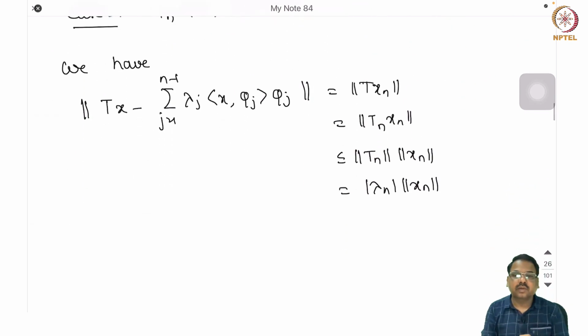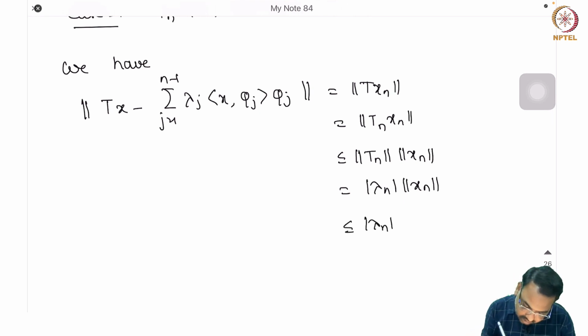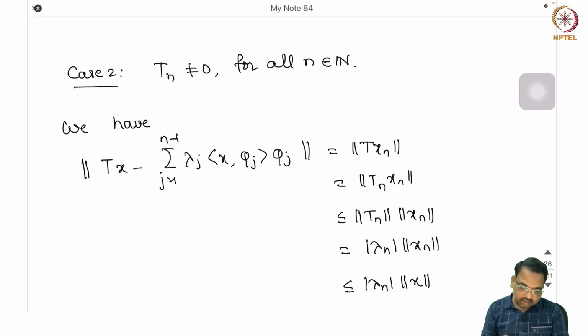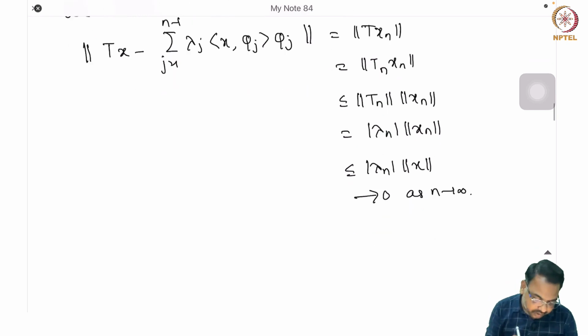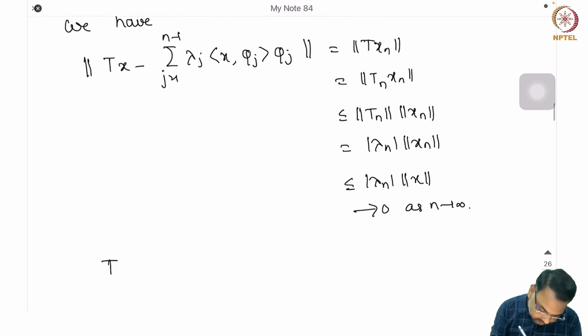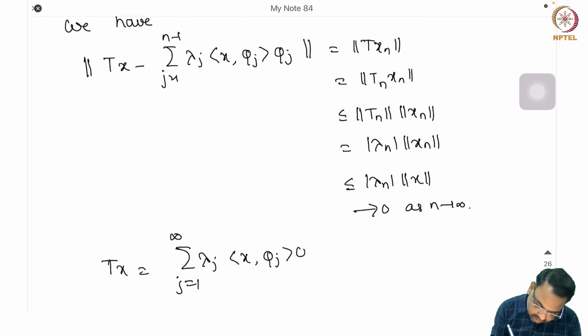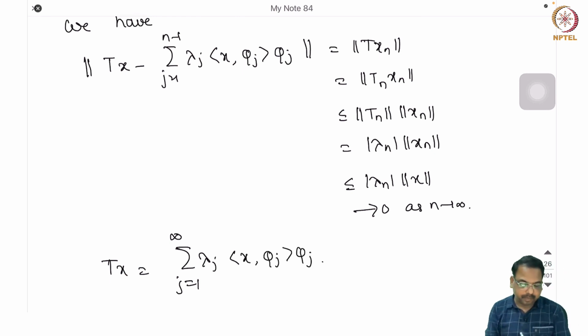In turn we can say that norm xn is less than or equal to norm x. So this is less than or equal to mod lambda n into norm x. But we know that as n tends to infinity, lambda n goes to 0 by step 2. So this goes to 0 as n tends to infinity. This means Tx can be written as summation j equal to 1 to infinity lambda j inner product x phi j multiplied by phi j.